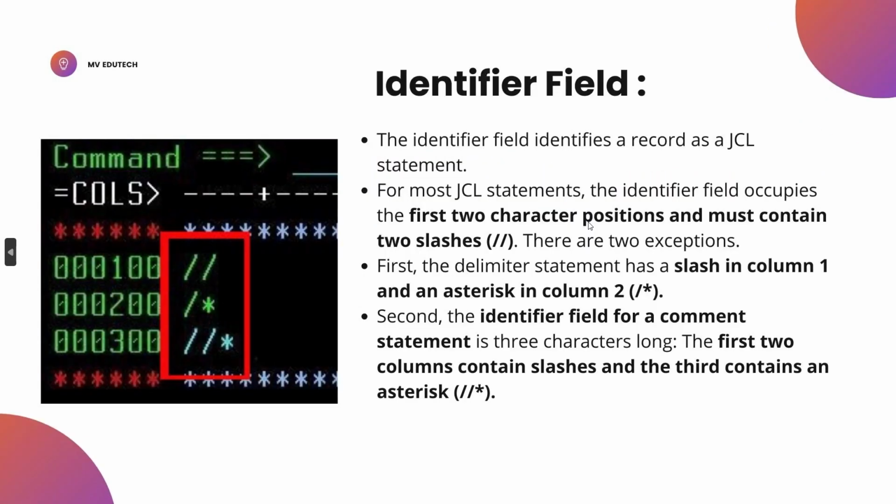First, the identifier field. You can see the picture on the left side. If you give two slashes, it will be taken as a statement, so you can start your statement with two slashes. If you give one slash and one star, it is also taken, and you can start your coding with slash and star.